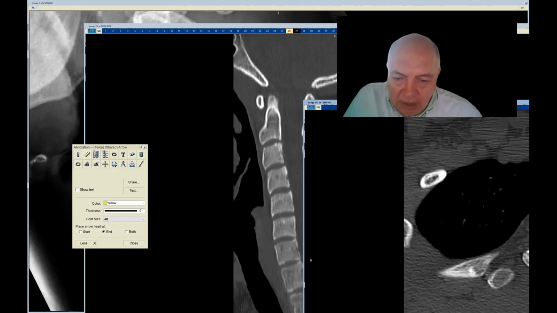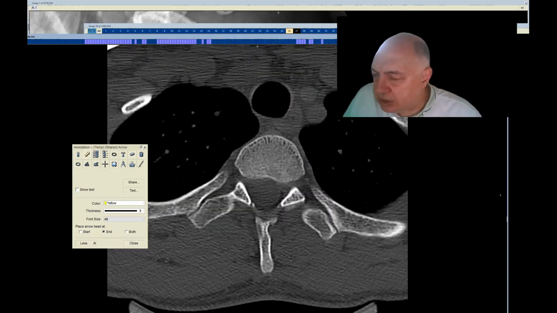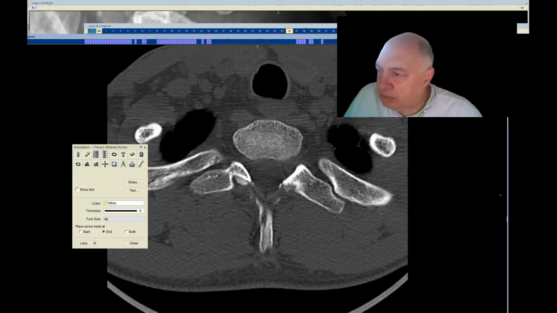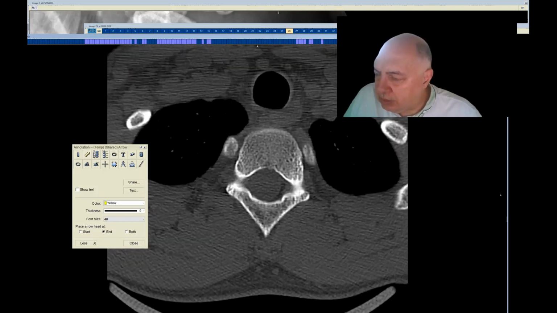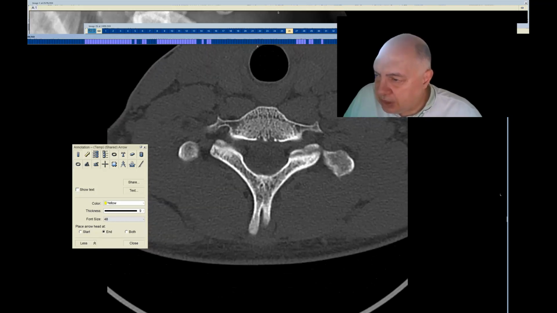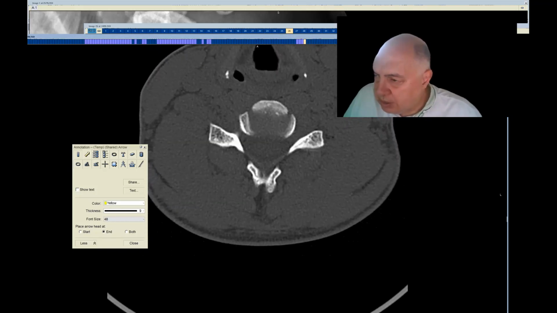If we look at the axial sections now, go down, up towards the cervical spine. Let's see now.